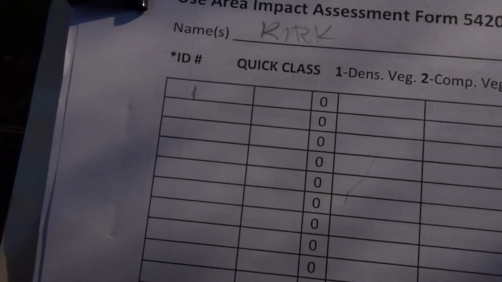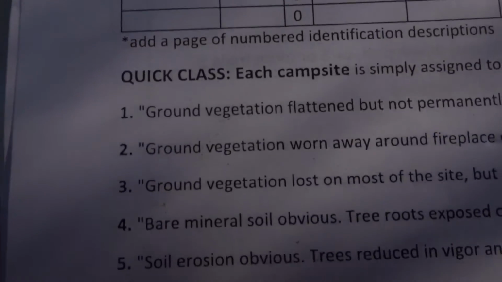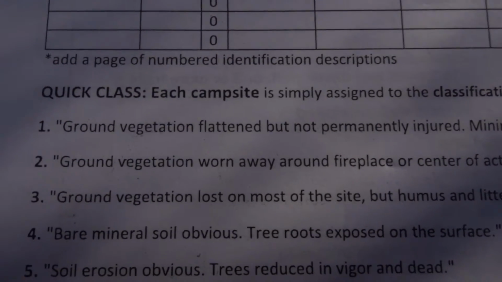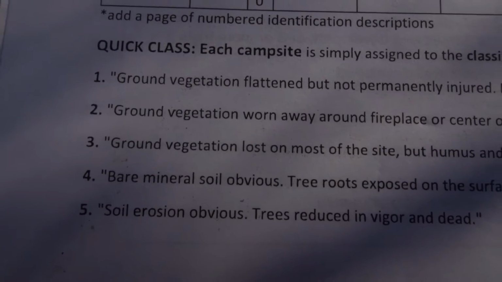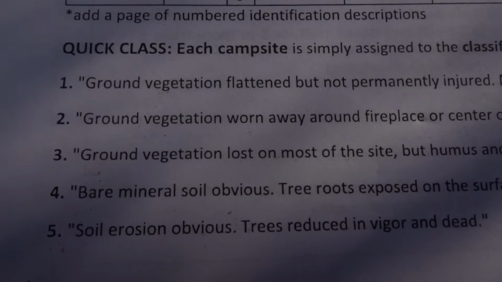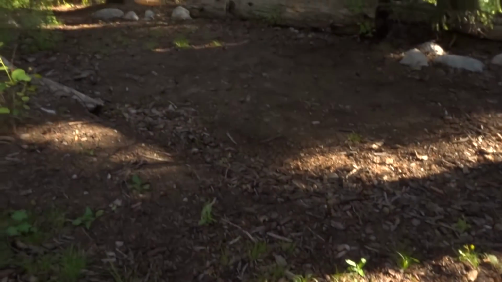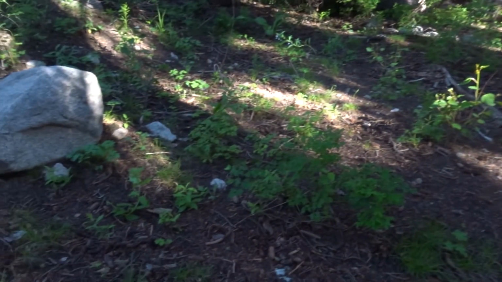So the quick class criteria are down here at the bottom, the quick class for each campsite. And we're going to base it mostly on vegetation and the surface. So we're looking at this site right out here, and we're comparing it to the ground around it.